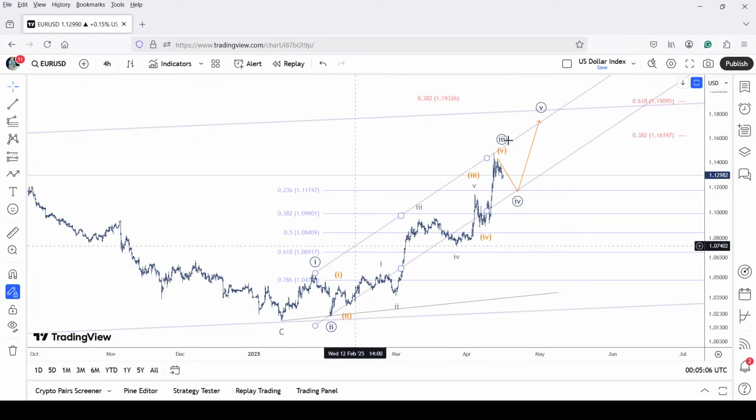If you look at the channel resistance, we will wait for the channel support to be taken around the 1.1175, and if it bounces right from there, we don't need to change the angle of the Elliott channel, and we can simply wait for the next rally to materialize towards 1.17, possibly 1.19. So that's the wave point of view.